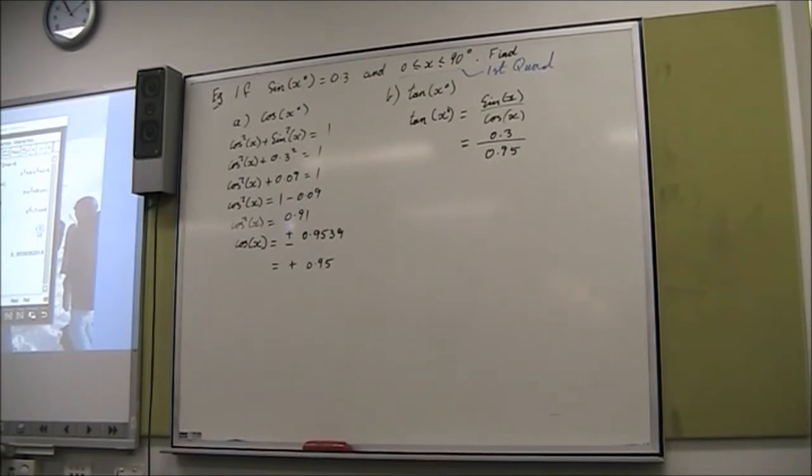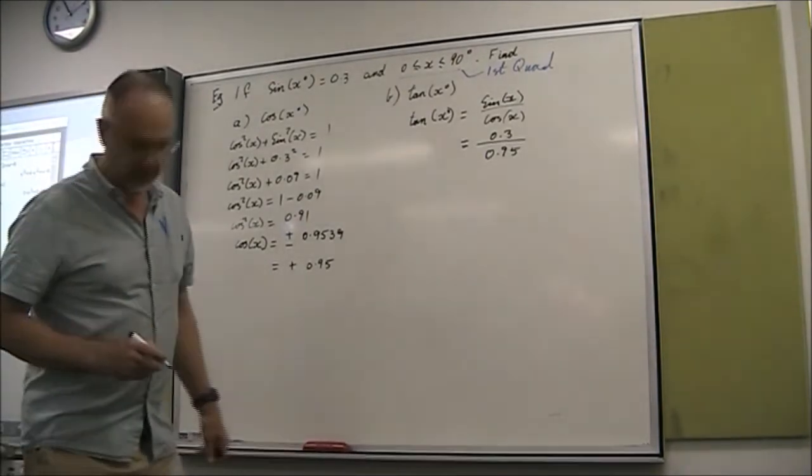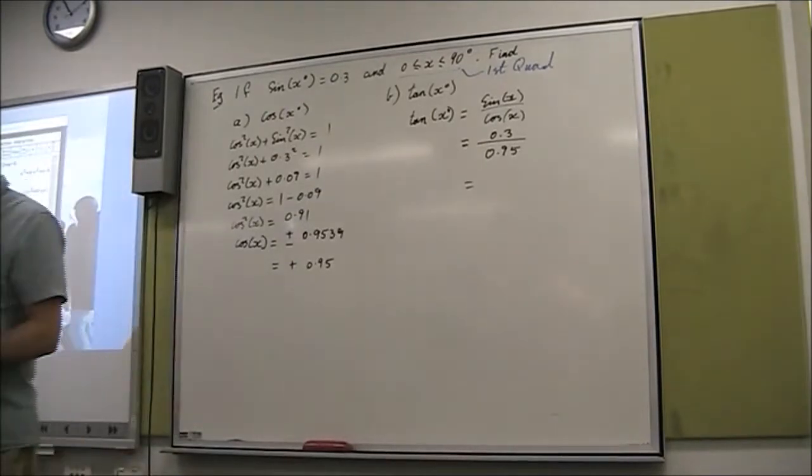If they don't do that, then they probably want it in an exact value. And sometimes they'll even tell you what form, otherwise they'll just say put it in this particular form. All right, so 0.3 divided by 0.95. Has anyone got your calculator out there and figured that out?